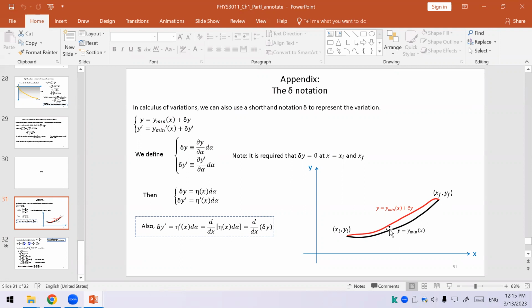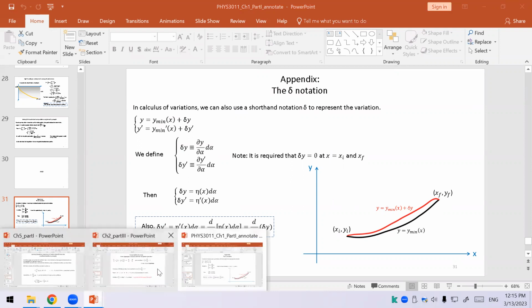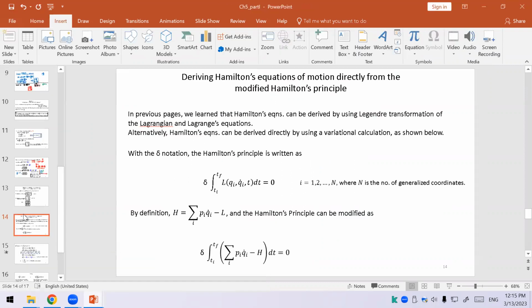But let me put it this way: the derivation that I'm going to talk about for sure won't appear in the exam or homework. So I would just treat it as an optional part.